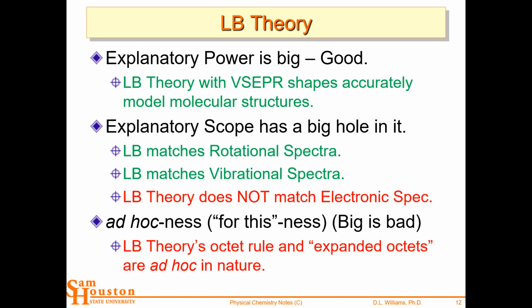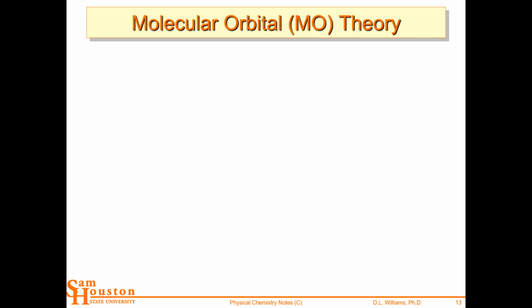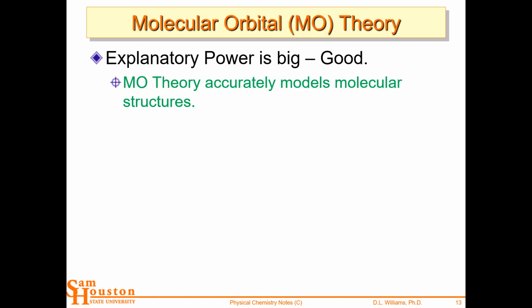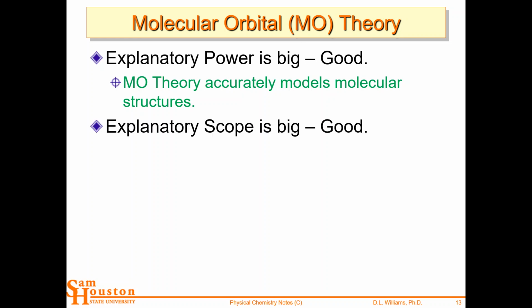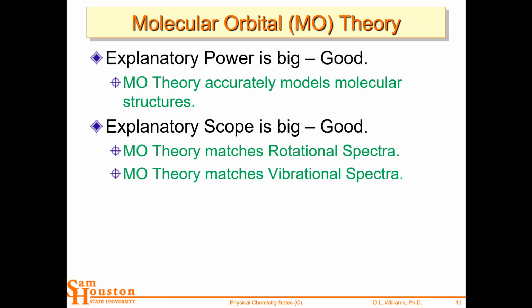weakens the theory. So then let's look at molecular orbital theory. Of course, it also accurately models molecular structures. It has a huge explanatory scope. It matches rotational spectra and vibrational spectra. It returns those same structures, even a little better if you have a computer that you can use it on. And then it also matches the electronic spectra.